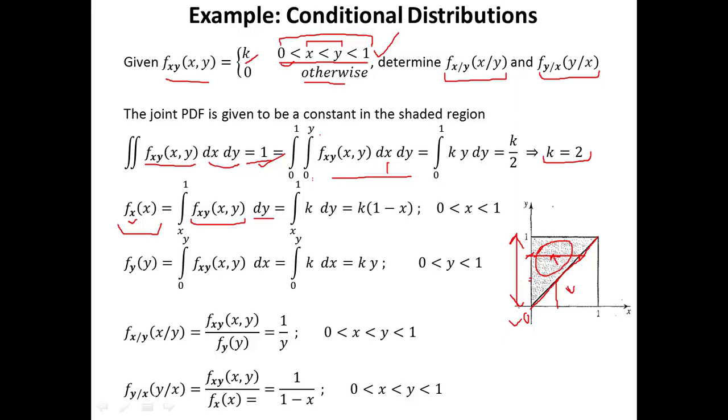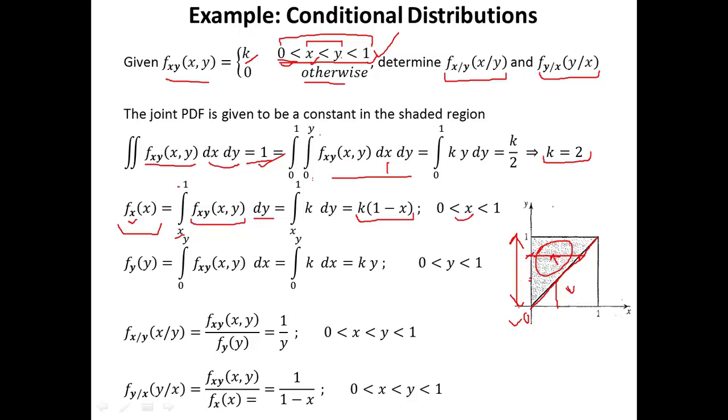So f(x,y) will be integrated with respect to the y variable, for the limit of y starting from x up to 1. If you integrate it, you will get k times (1 minus x), and it is defined for the range x from 0 to 1.